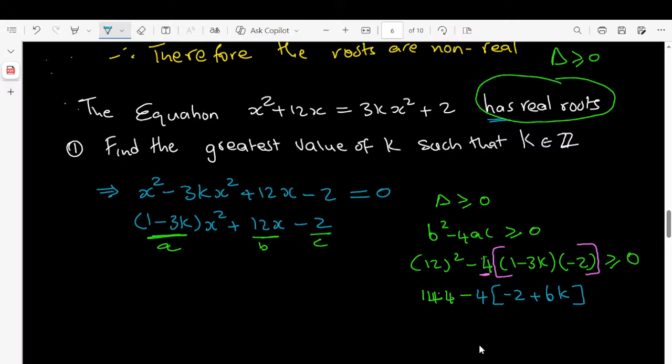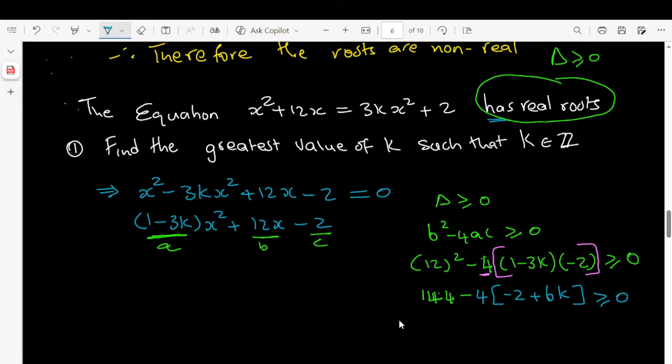When I teach, I don't say 1 times minus 2, I just multiply the bracket, because I expect that everyone understands how we multiply brackets. So we multiply everything inside the bracket by minus 2. Please pay attention to your sign changes, because minus 3k multiplied by minus 2 is positive 6k.